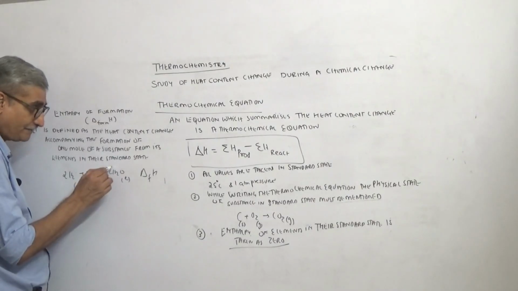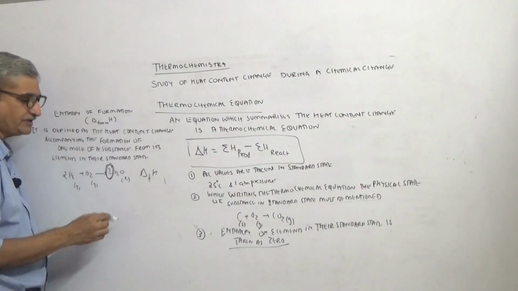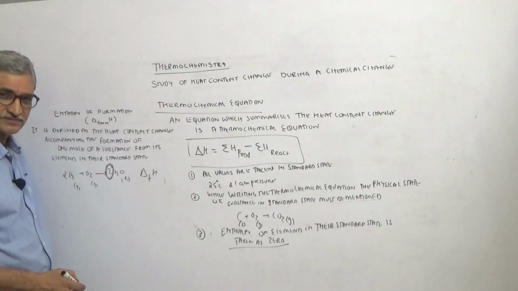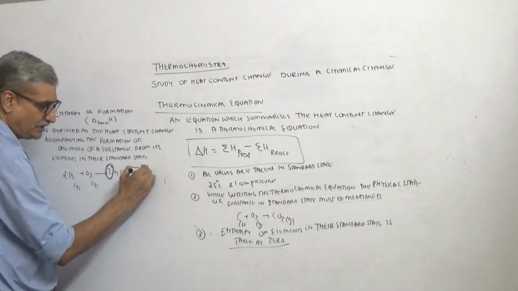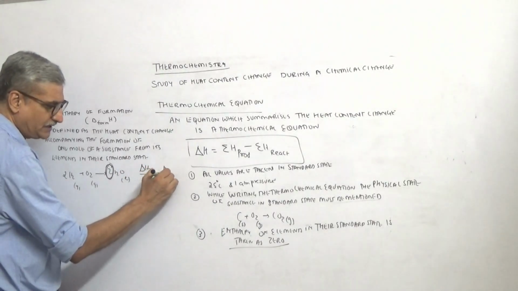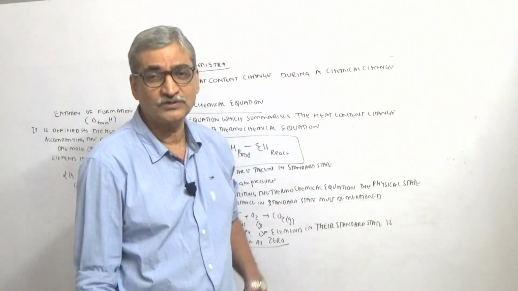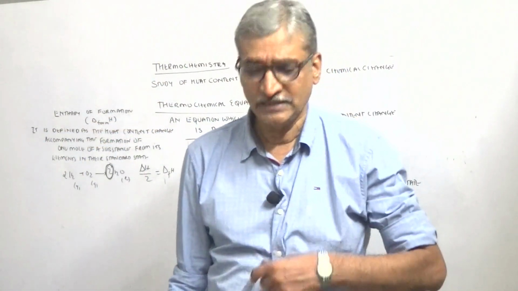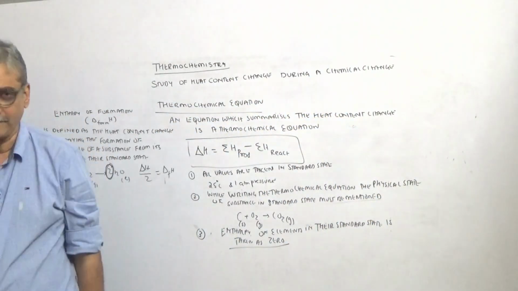Because it says 1 mole should be formed and this is 2 moles. So whatever enthalpy change value, divided by 2 is the enthalpy of formation. Why? Because whatever value you got was for formation of 2 moles, whereas we need only 1 mole. Definition says only 1 mole.